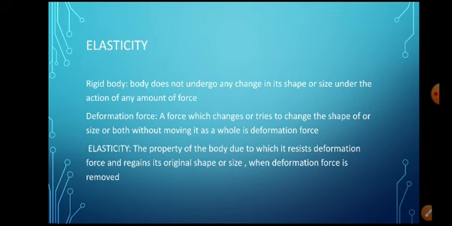A body whose shape and size do not change when you apply an external force is called a rigid body, and the body moves wholly from one place to another. The displacement, the whole body goes from here to there. If you throw a stone, that stone moves from here to there.